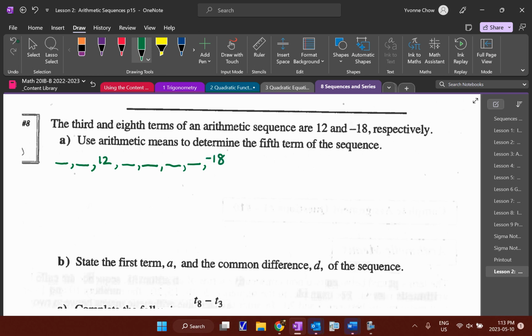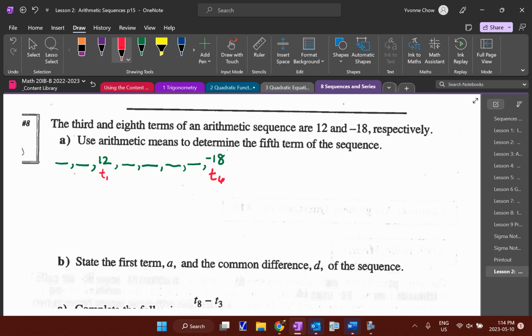So if I'm using arithmetic means, I need to hypothetically put this at term 1. Okay, so if this is temporarily term 1, then this is term 2, term 3, term 4, term 5. This is going to be my term 6.